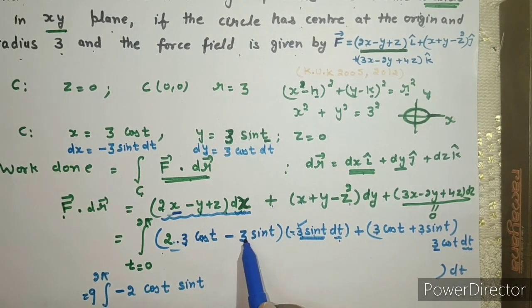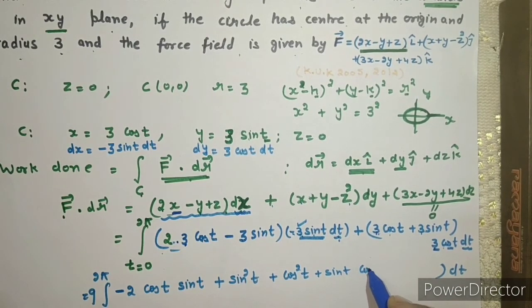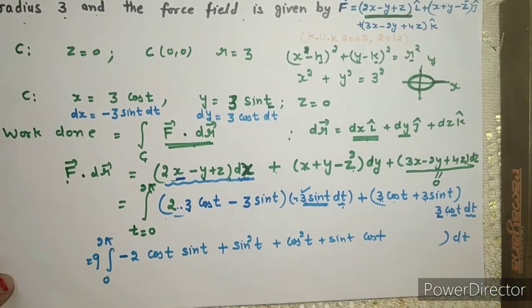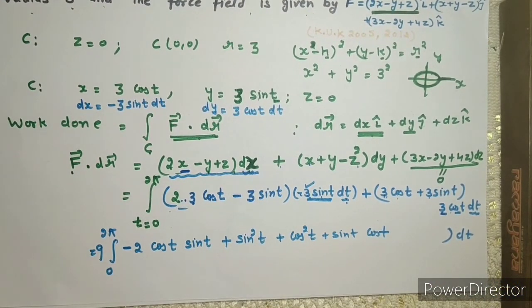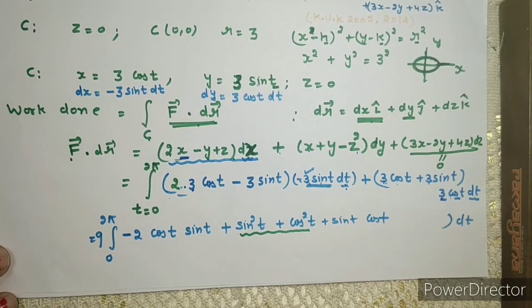Now this minus sine t here, minus minus is plus, and this is sine square of t, and it is outside. अब 3 3 3 तो outside है, cos इससे multiply होगा तो I found here cos square of t, and this term with this one is sine of t, and this is cos of t. देखो आपका आंसर यही बनता है. आई होप यही बनेगा. ठीक है, अब कोई आइडेंटिटी यहाँ यूज़ करो. देखिए sin square t plus cos square t, what is the value of this identity? This is 1 ना.